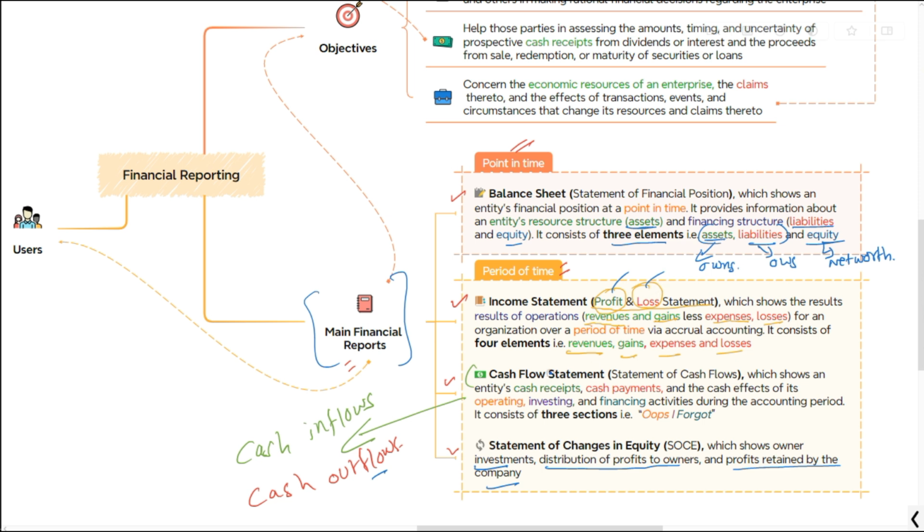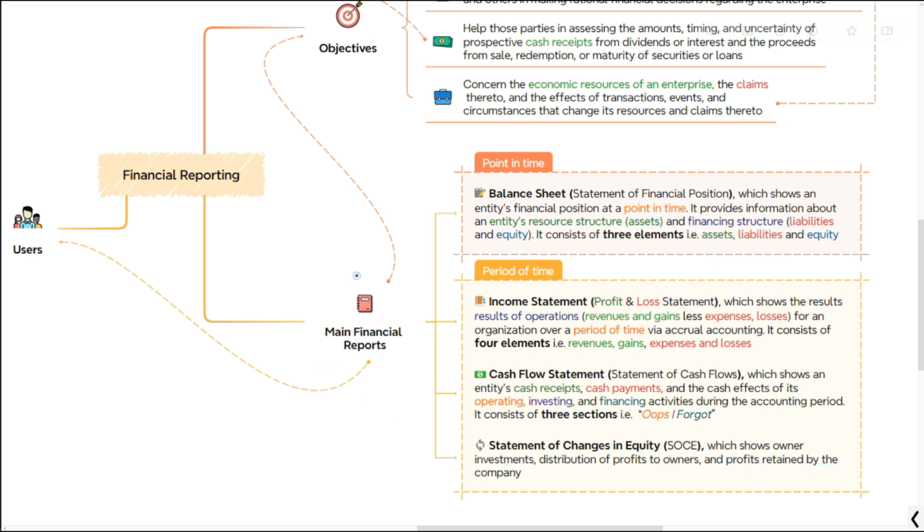From the cash flow statement, we can understand the cash inflows and cash outflows, and from the statement of changes in equity, we can understand what owners have invested into the business, what distribution of profit they have made, and what profit has been retained in the company. These main financial reports have certain objectives, so let us now move towards the objectives of these financial reports.